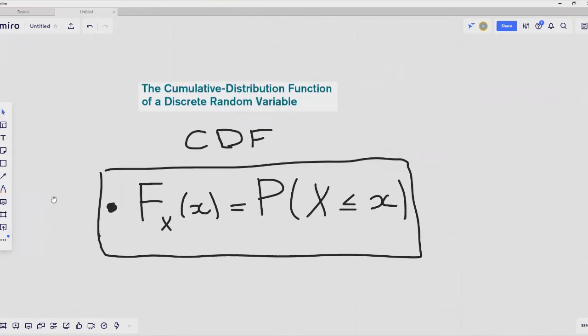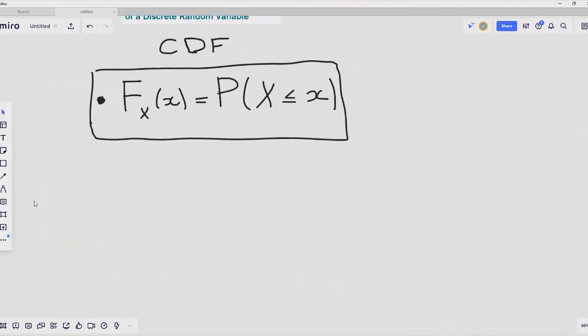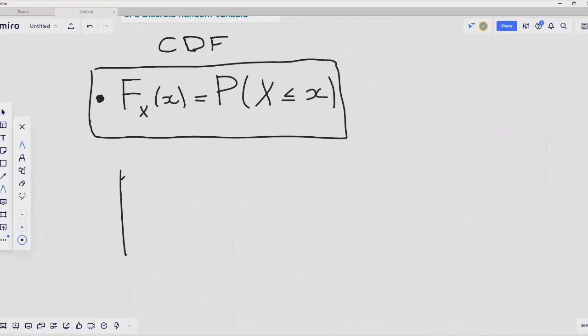Now, let's take a look at the following example. Let's assume that the PMF of random variable X is given as follows. It takes on a value of 1 with probability, let's say, 1 over 4.